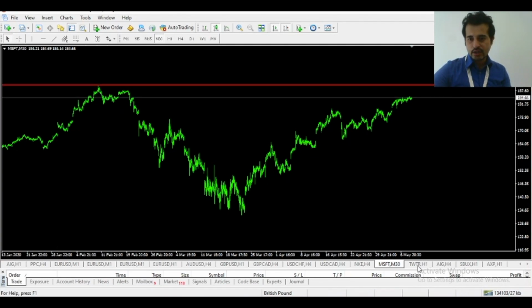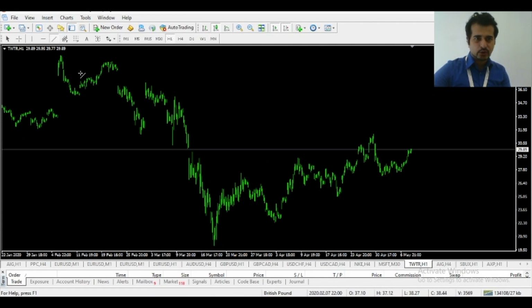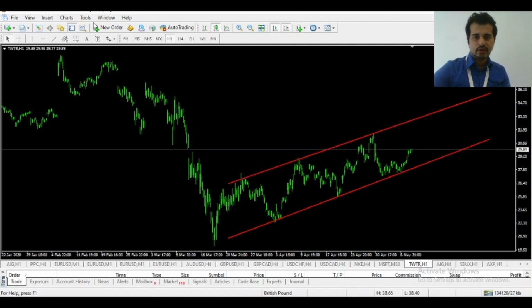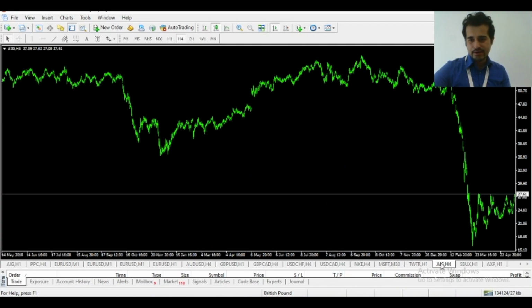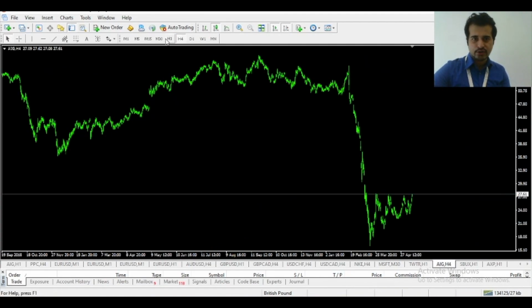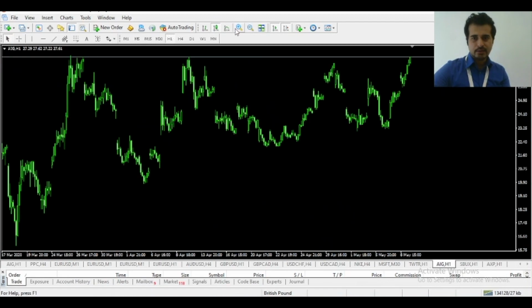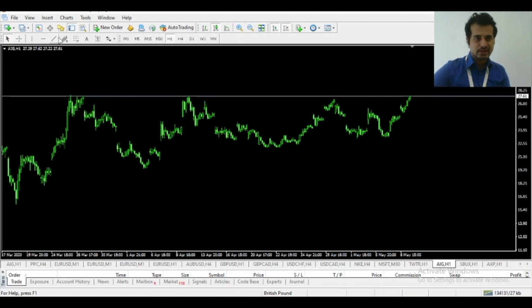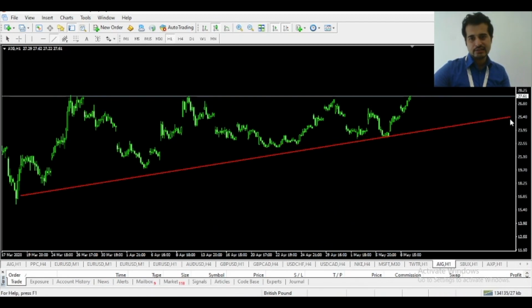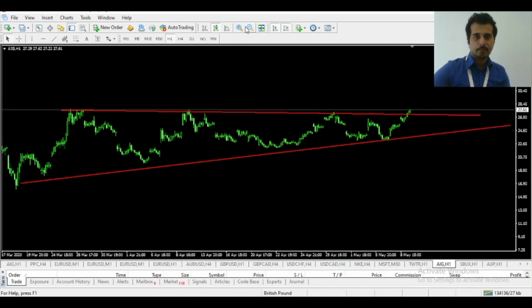Right now, Twitter, I see that it is forming lower highs, lower highs, and then I see that it has room to push up this week. American International Group also has a nice room to push up this week, because looking at the current pattern structure, I see that this will be going up.